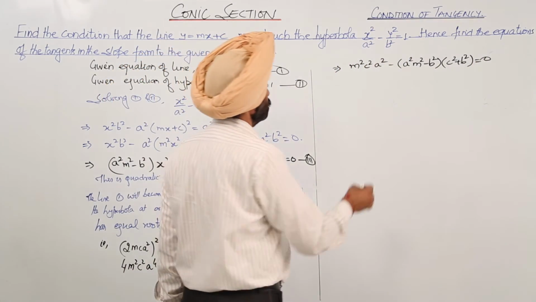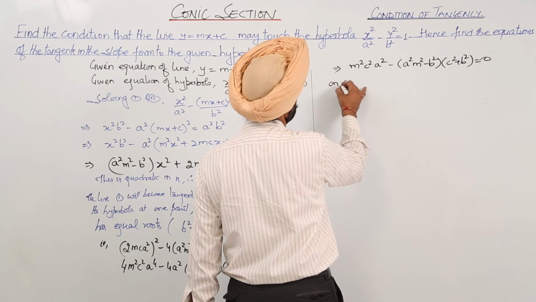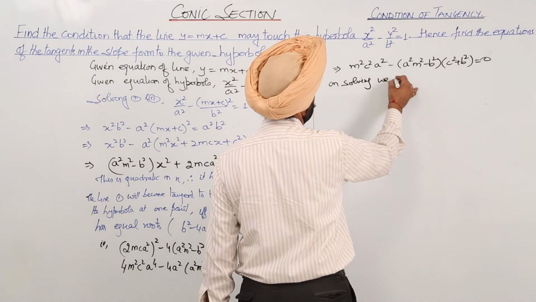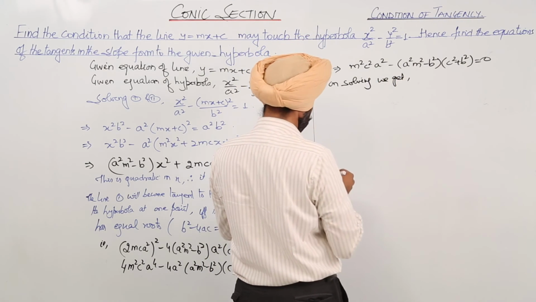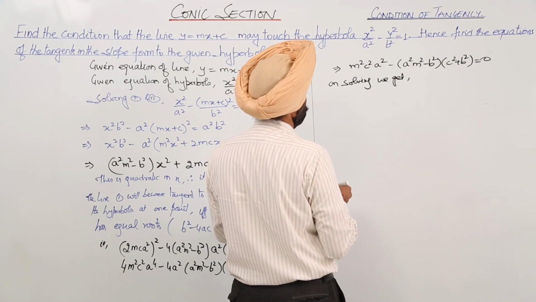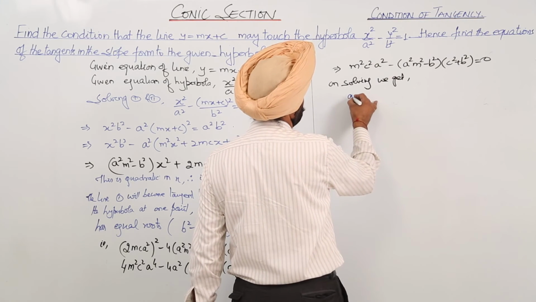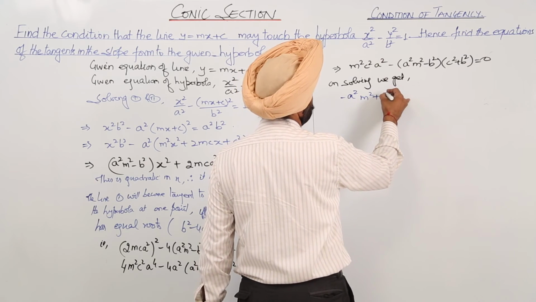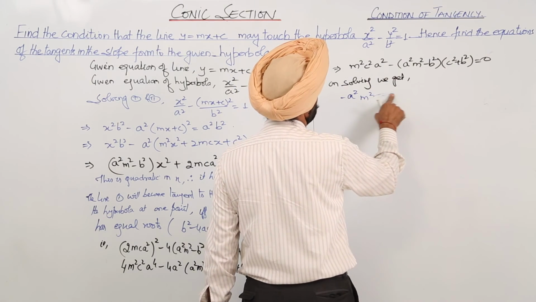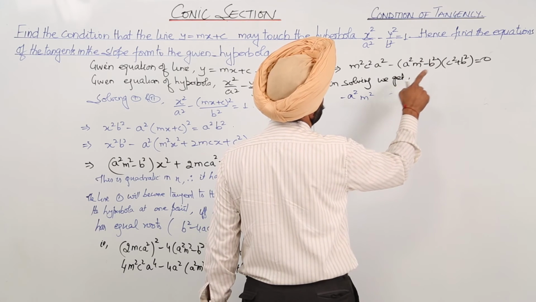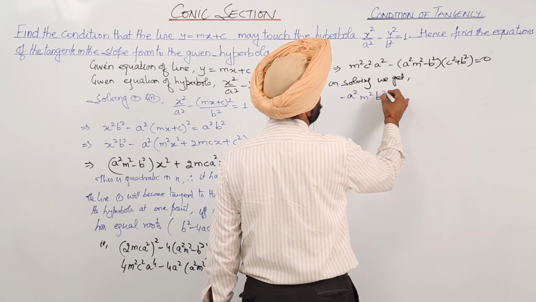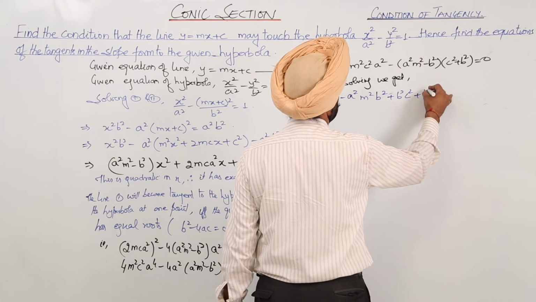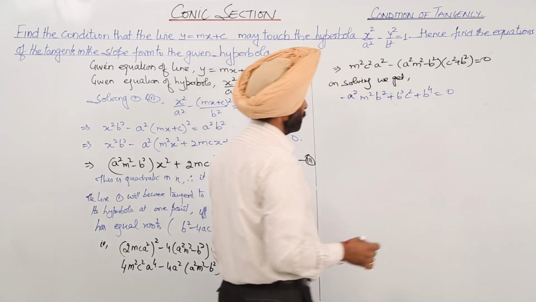So, on solving we get negative of a square m square b square plus b square c square plus b raised to power 4 is equal to 0.